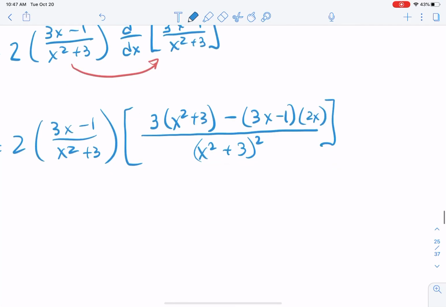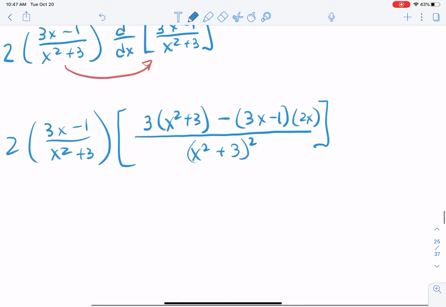Okay, so whenever I do go to clean this thing up, I'll be able to combine these two denominators here because they're exactly the same. So we do want to fix this right up here by doing some expansion and combining like terms. 3x squared plus 9, and then distribute a negative 2x here, so a negative 6x squared, and then positive 2x. I think.